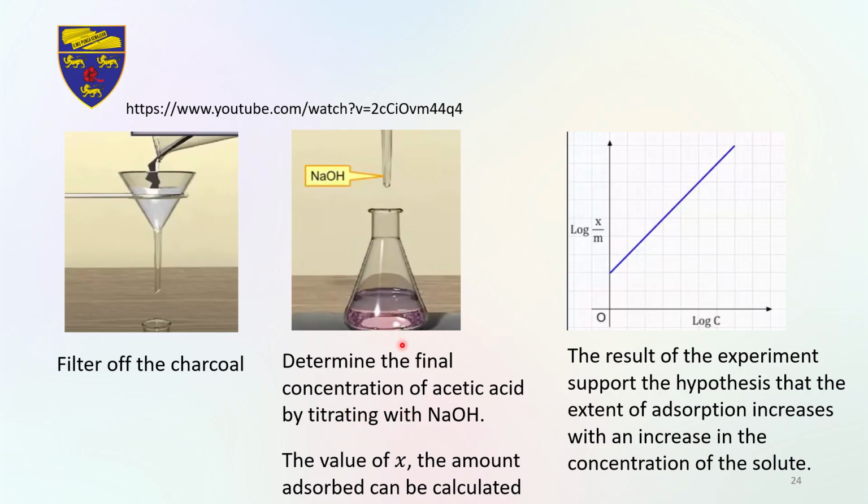If the logarithmic plot of log x over m versus log C is a straight line, the Freundlich isotherm is valid for the solutions. And the result of the experiment also supports the hypothesis that the extent of the adsorption increases with increase in the concentration of the solute.